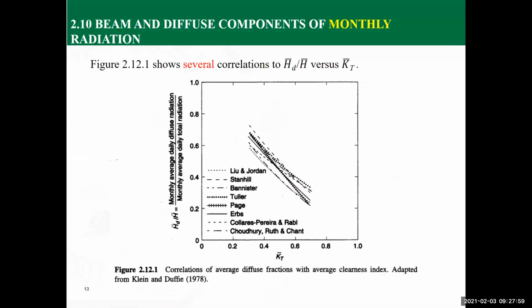So the raw data can be processed and be given here, as you have seen in front of you. It's monthly data, with the monthly average daily diffuse radiation, HD, divided by the monthly average daily total radiation versus the value of KT, which is H over H naught. This has been given by several researchers, and the values are recorded here.